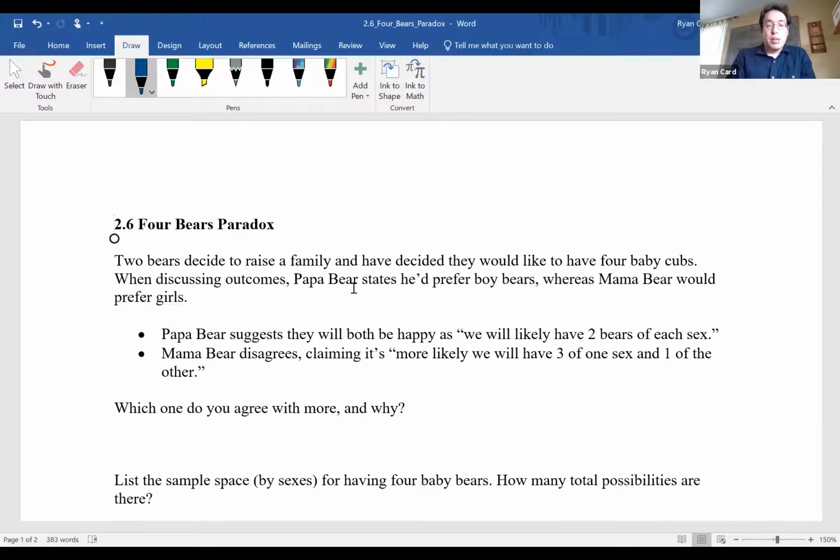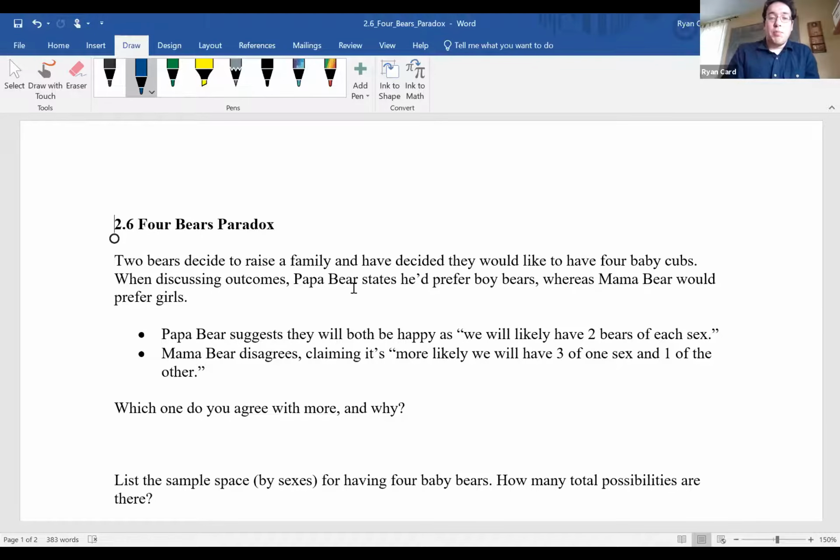There are two bears, they want to start a family, and they want to have 4 cubs. The papa bear prefers boy bears, and mama bear prefers girl bears. So 4 children, and let's say the chances of getting each sex for the baby cub is 50-50.